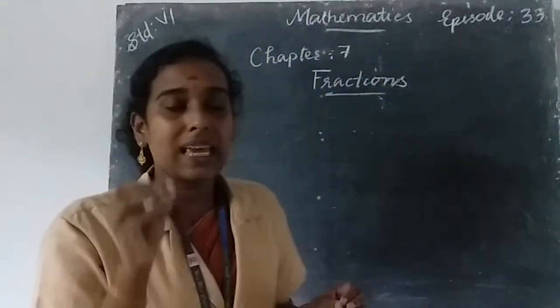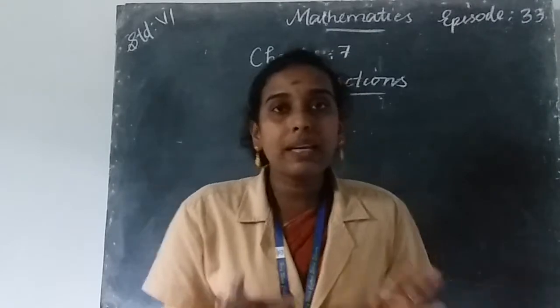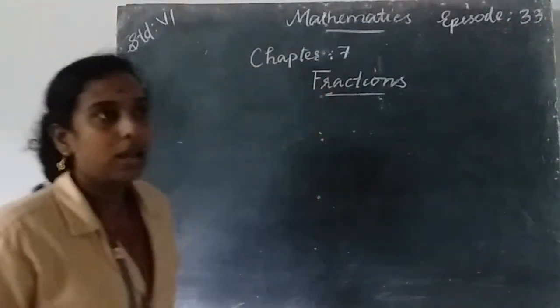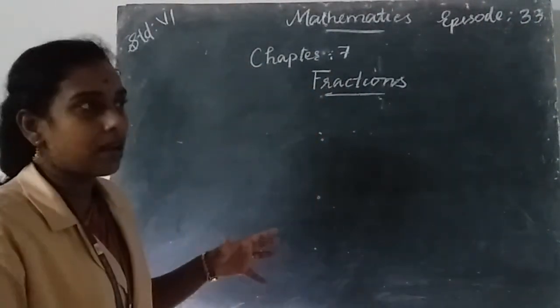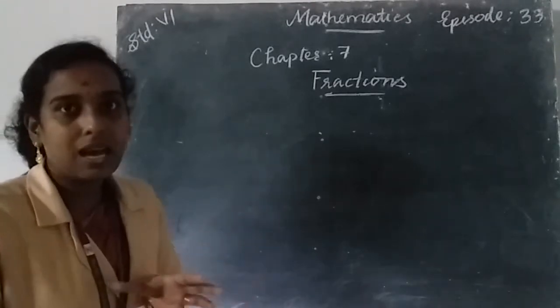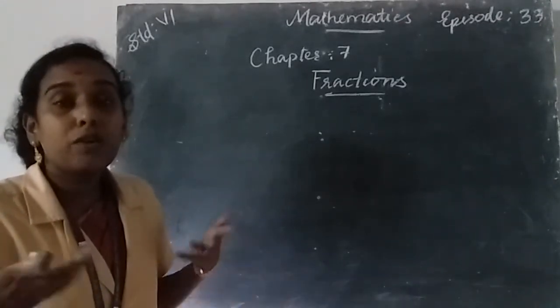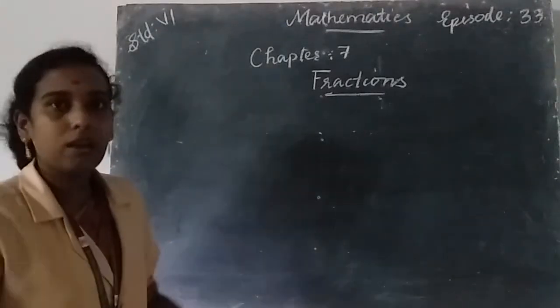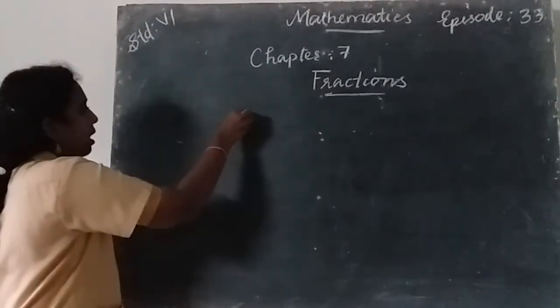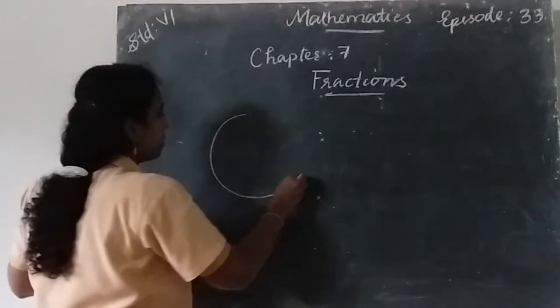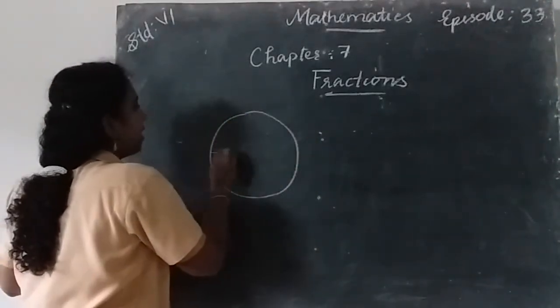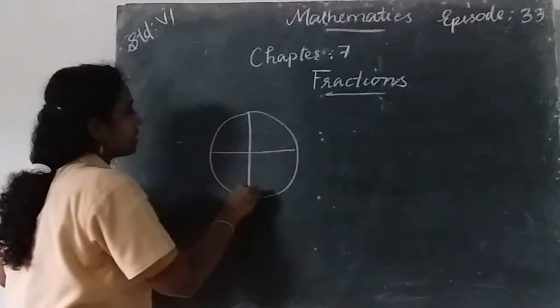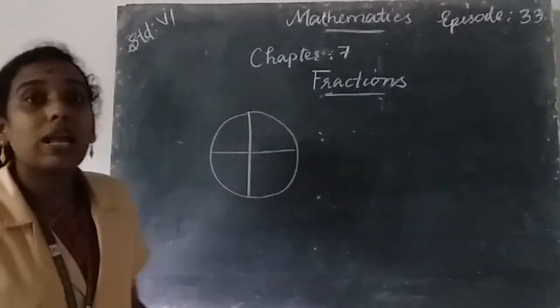A whole means a single complete object, for example a whole pizza. A whole pizza can be divided into equal parts, and the parts are called the fractions of the whole. For example, if we draw a circle, we can divide it into equal parts.